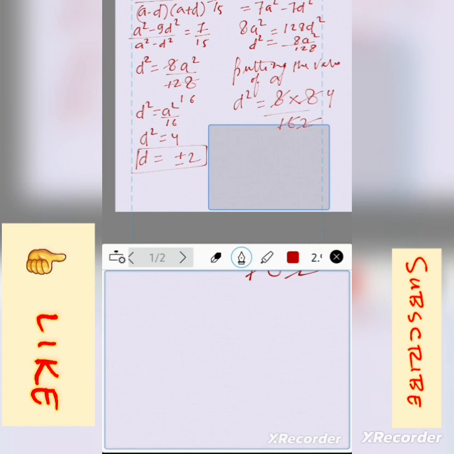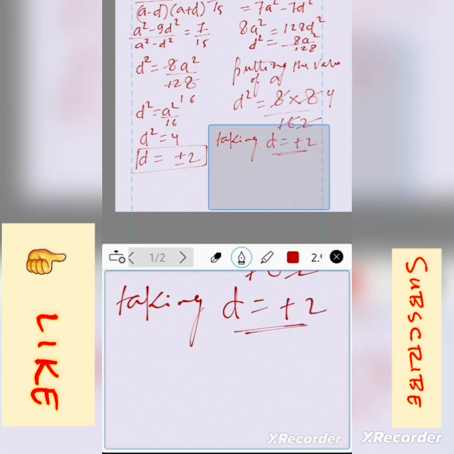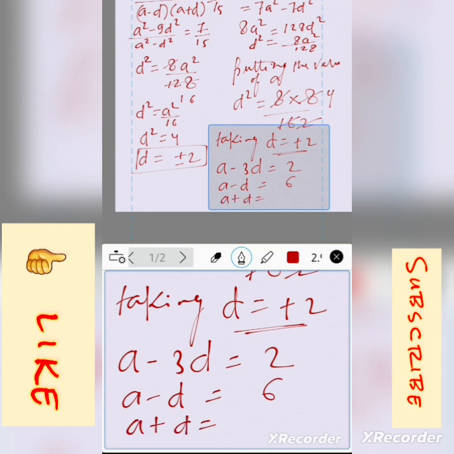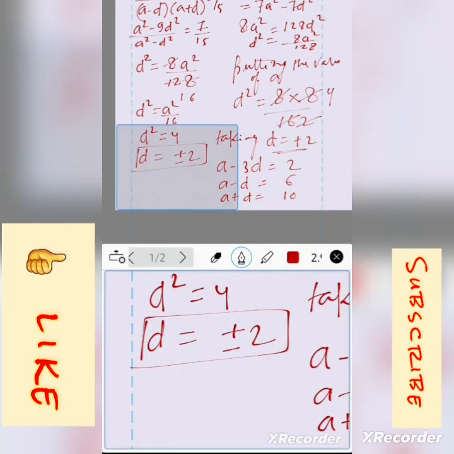Taking d as plus 2 first, the first term a minus 3d is 2, the second term a minus d is 6, the third term a plus d is 10, and the last term a plus 3d is 14.